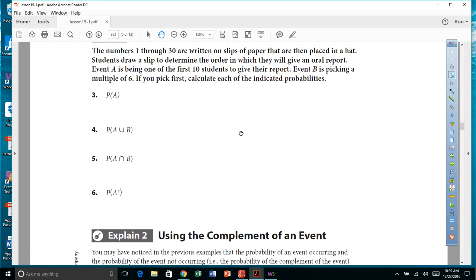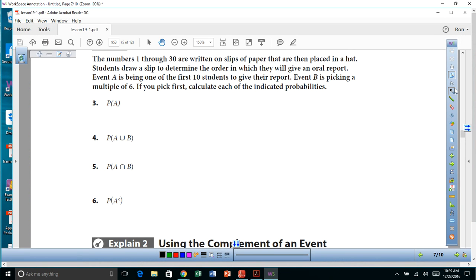Let's see. The numbers 1 through 30 are written on slips of paper that are placed in a hat. Students draw a slip to determine the order in which they give an oral report. Event A is being one of the first 10 students to give the report. Event B is picking a multiple of 6. So let's see here.